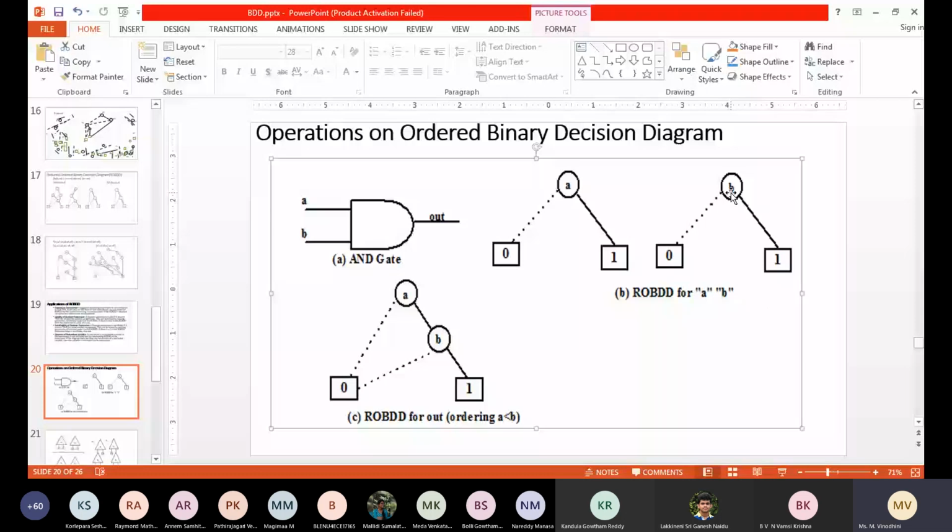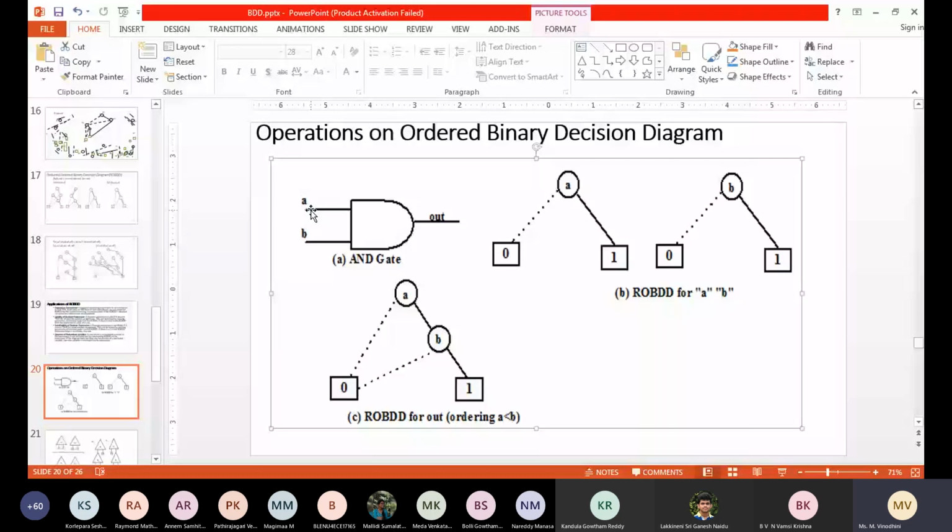Wait. This ROBDD is for the inputs A and B. If I consider input A, when I give input as 0, whatever data enters through A will be 0. When I give input 1, whatever data enters through A will be 1. That is nothing here, just simple. If A is 0, the data entering through the first signal line is 0.